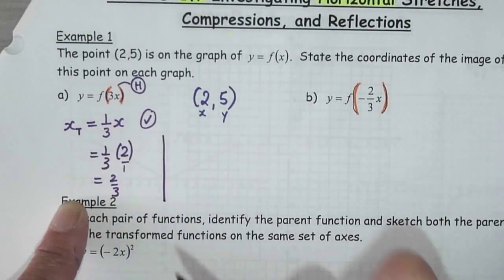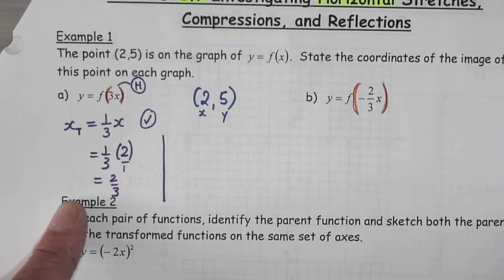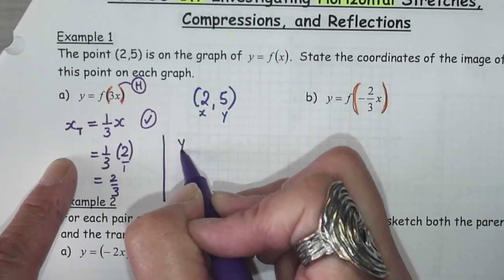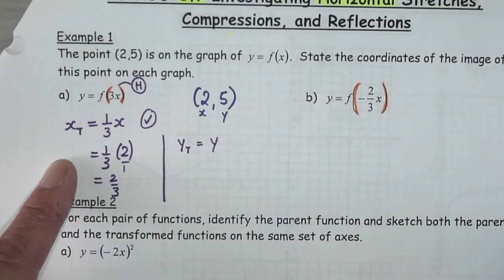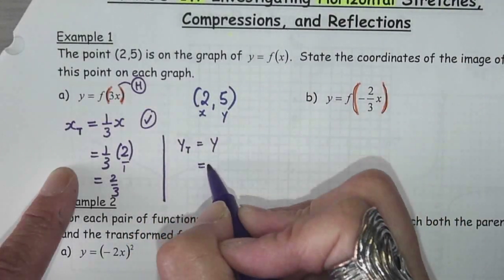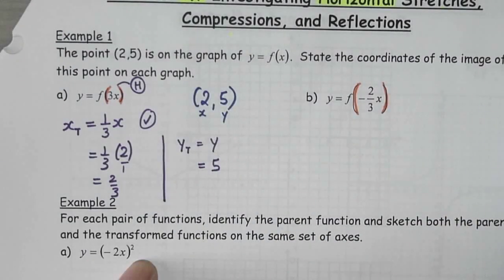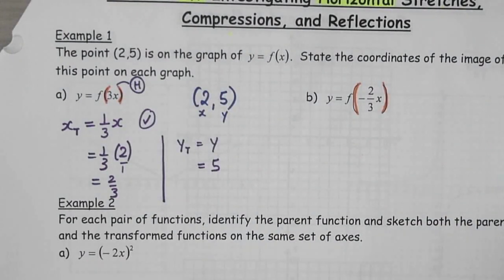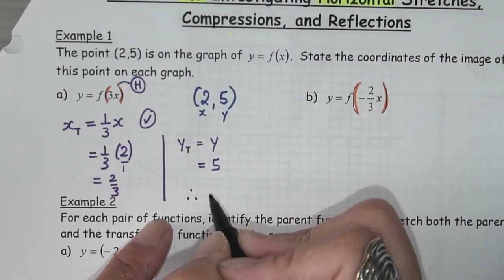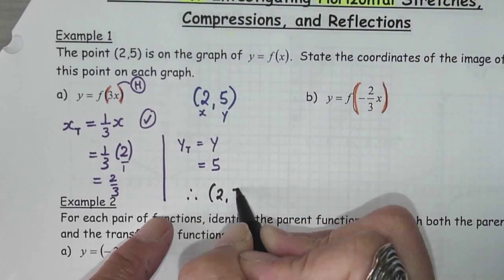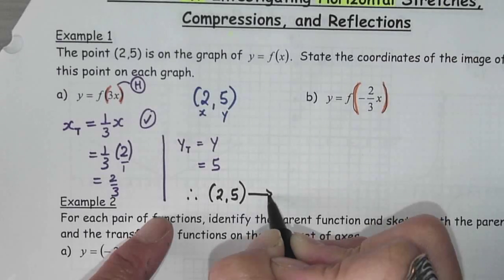Now, what happened to my y? Nothing. I didn't do anything to my y. I only have a horizontal transformation, so my y_t is still just y. Nothing changed with it, so it's still going to be 5. That means my point went from (2, 5) and it's now being mapped.